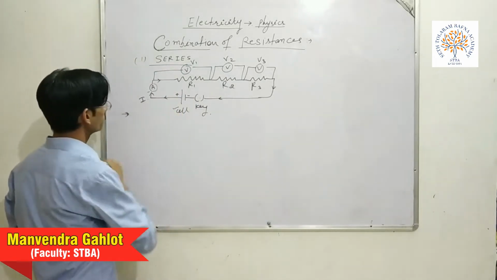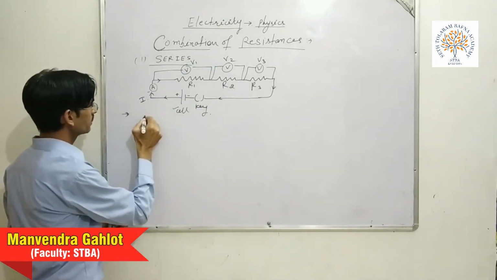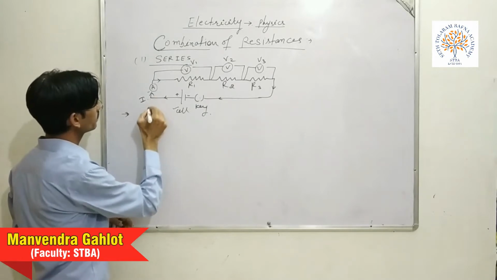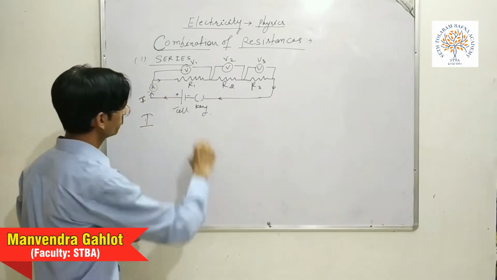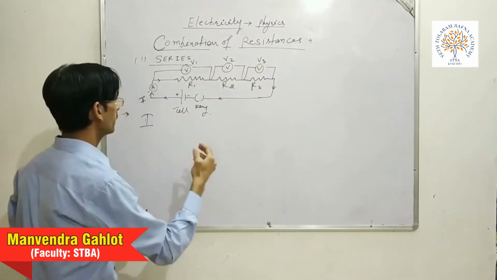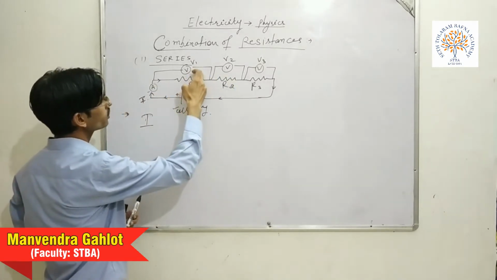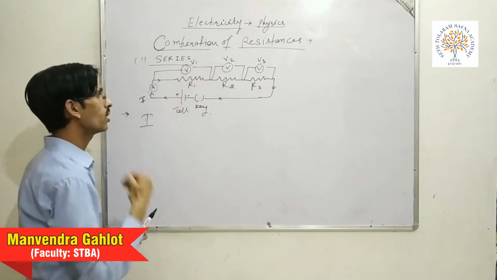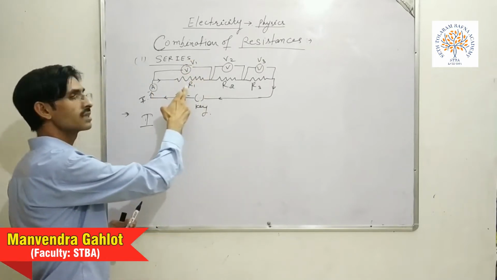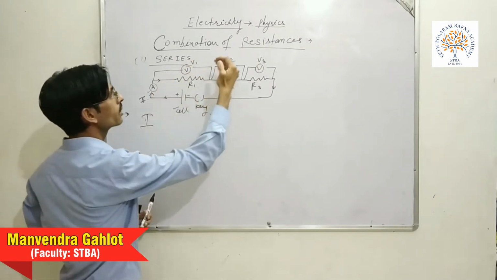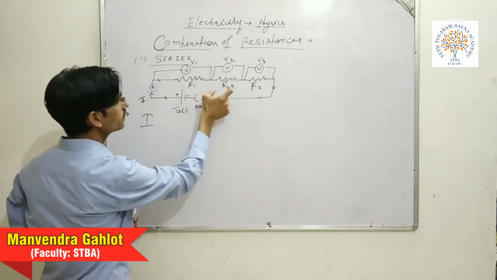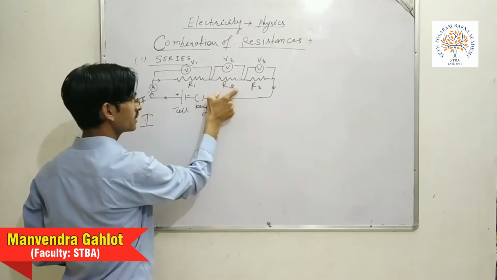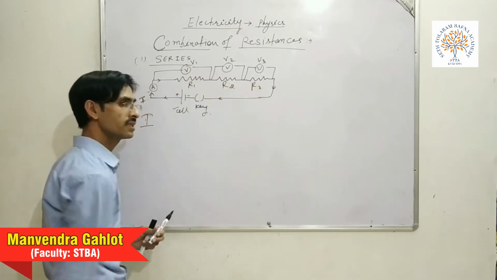Now, let me consider that current I passes through this circuit, then V1 is the potential difference found across the R1 resistor. Similarly, V2 and V3 are the potential differences across the other resistances R2 and R3.